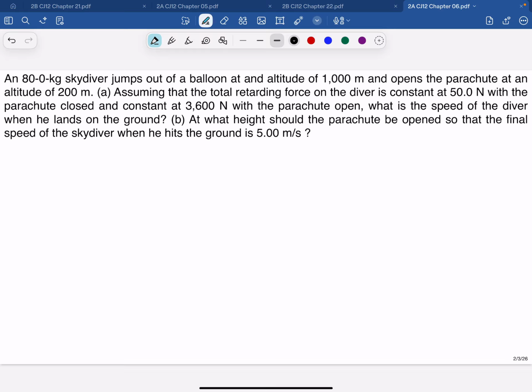Slow the skydiver down so that they don't hit the ground going faster than about 5 meters per second. 5 meters per second is about 10 miles an hour. You can survive above that, but above 10 miles an hour you're starting to run the risk of breaking bones and things like that. Is that the final velocity? The velocity that you hit the ground.